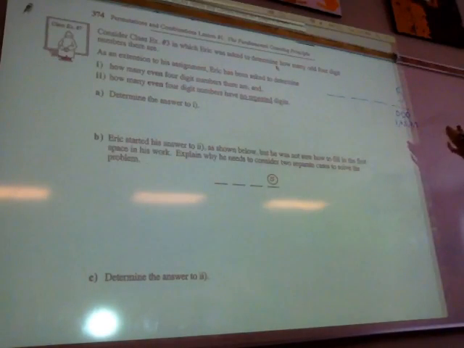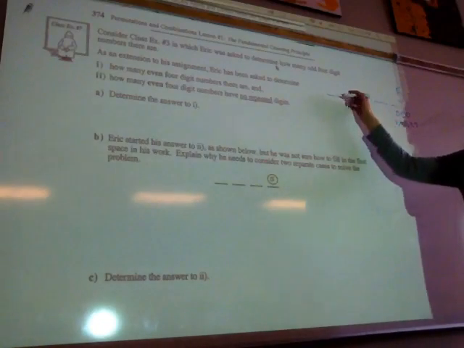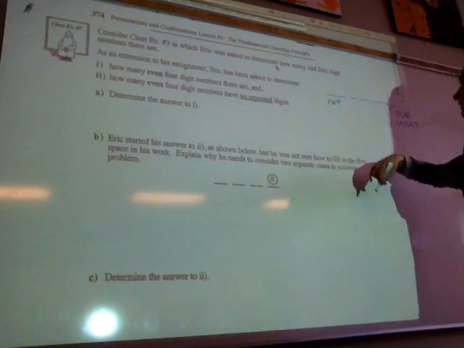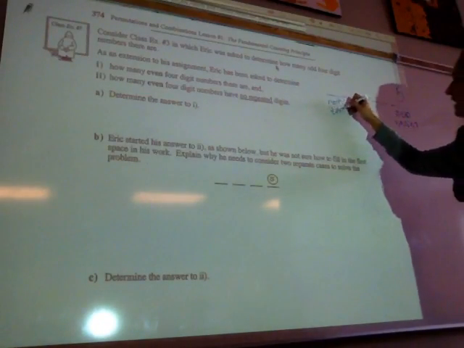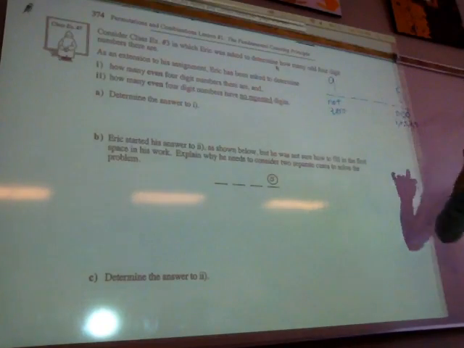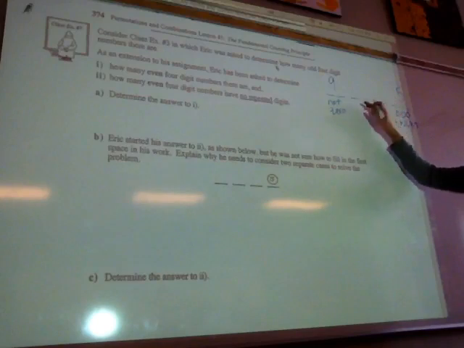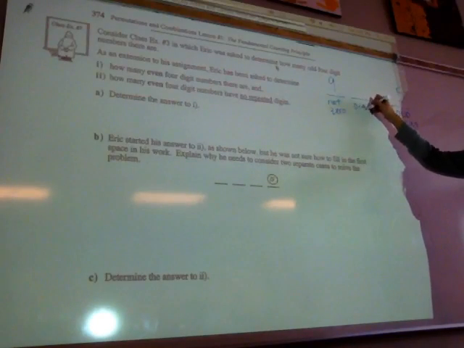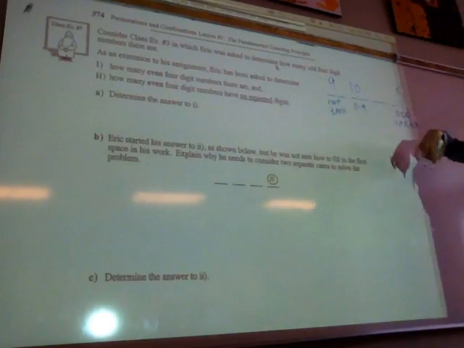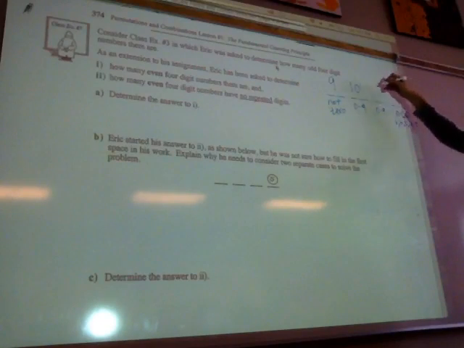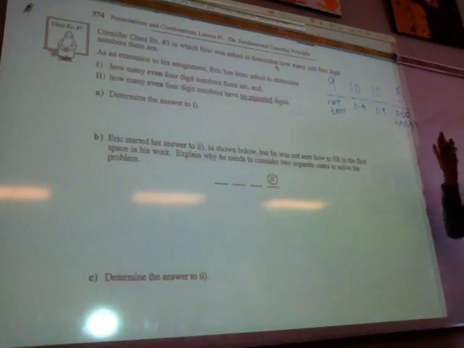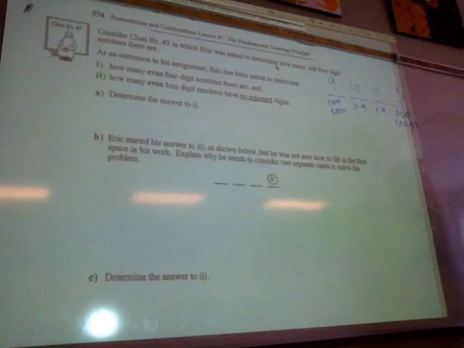For a 4-digit number we can't have 0 as the first digit, so that means we have 9 possibilities for the first digit. Then this could be anything 0 to 9, so that would be 10, and this could be anything 0 to 9, which is 10. So that's if repetition is allowed.